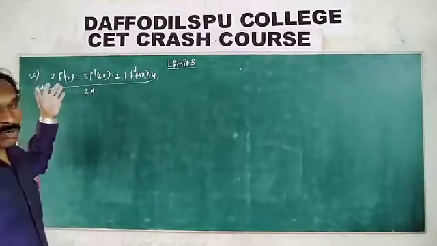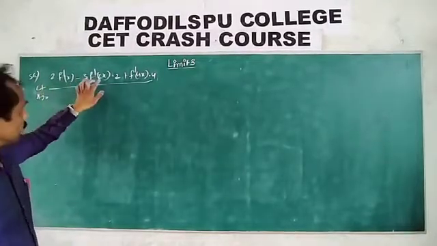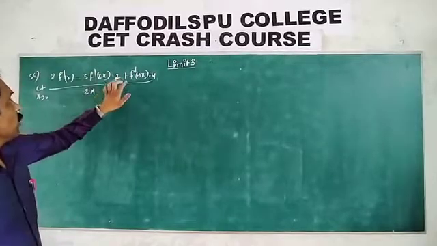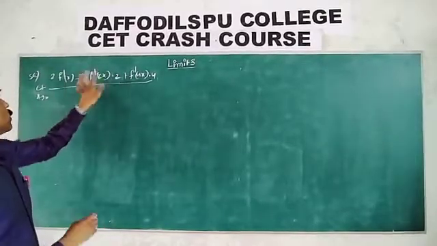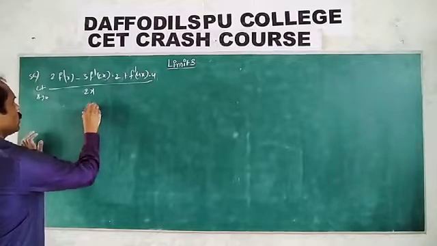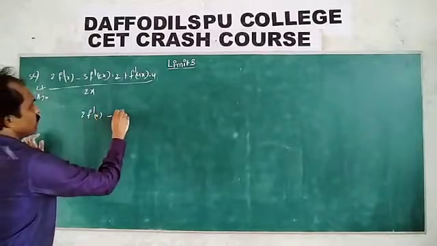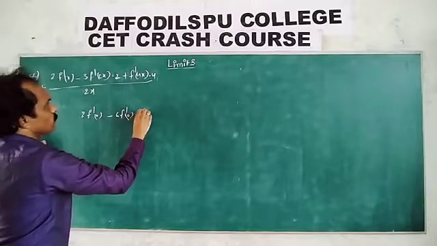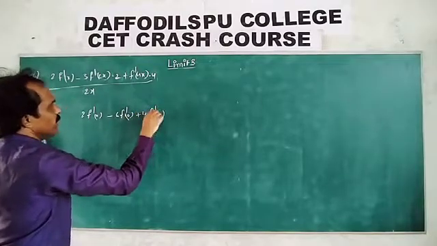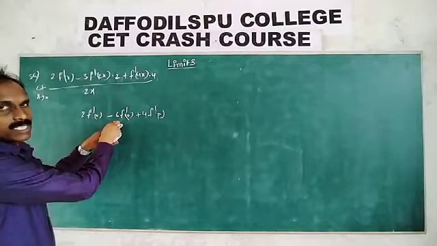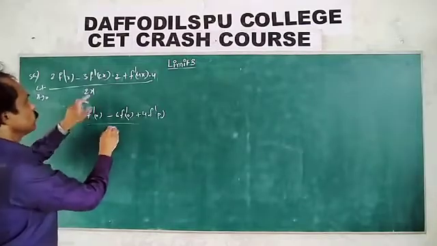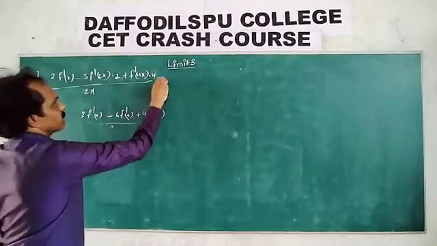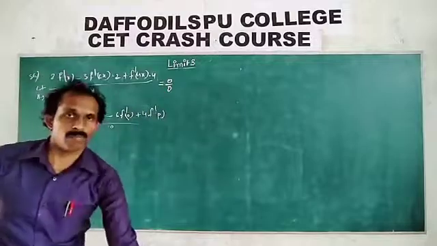Substitute now 0: 2 f dash 0, 6 f dash 0, plus 4 f dash 0. So finally 6 f dash 0 minus 6 f dash 0, 0 by 2 into 0, 0 by 0 again.